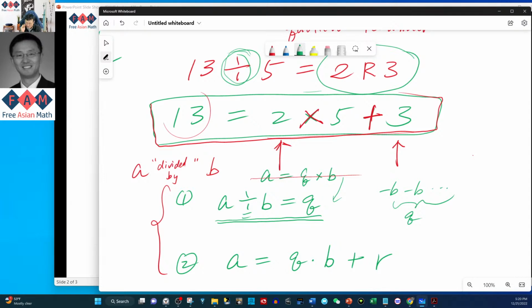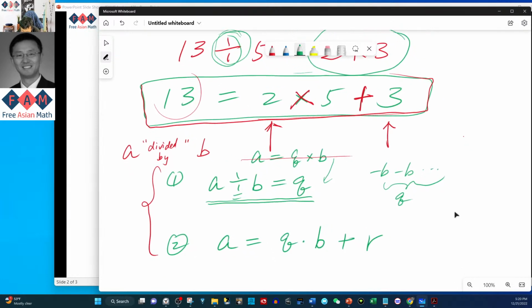So pause for a second to carefully look at this division with remainder format. Can we make some comments about this? Yes. There's a very important fact about R, this remainder. And what is it? First, R has to be non-negative, right?